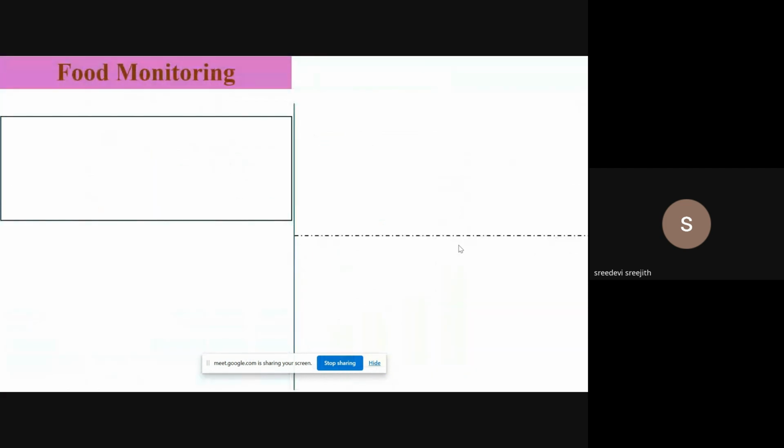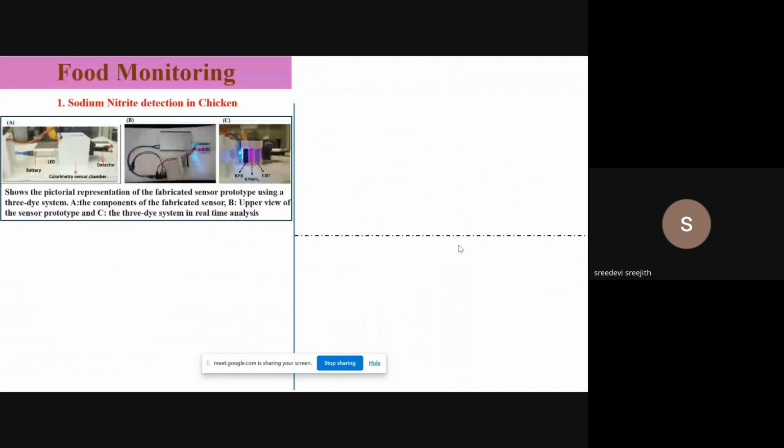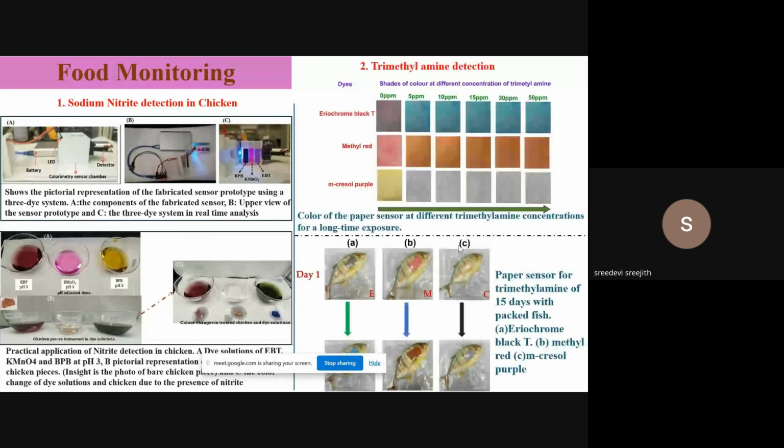When food monitoring is considered, we have developed two distinct sensors for detecting sodium nitrate and trimethylamine. Sodium nitrate is used in packaged poultry and meat products to improve shelf life. We have fabricated a sensor by which we can detect sodium nitrate.